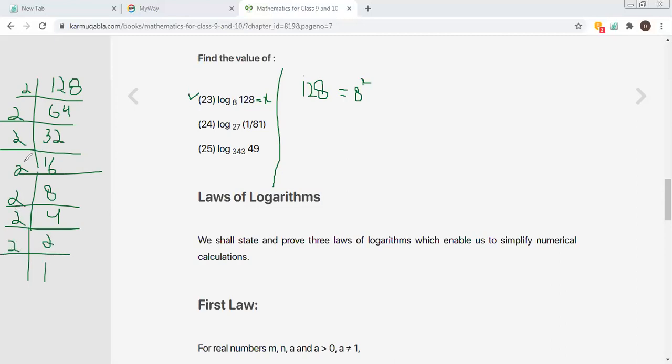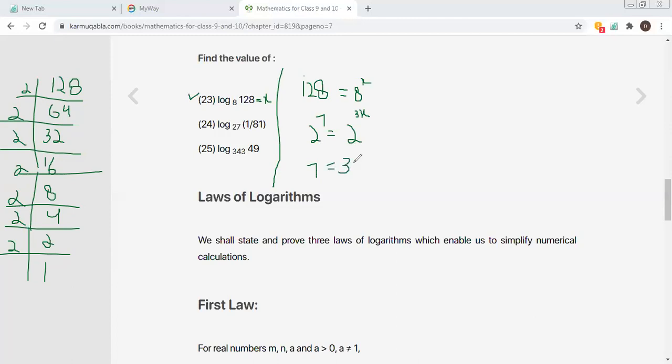Count: 1 2 3 4 5 6 7. So 2 power 7, and 8 is 2 power 3 x. So the bases are the same. Compare the powers: 7 is equal to 3x.